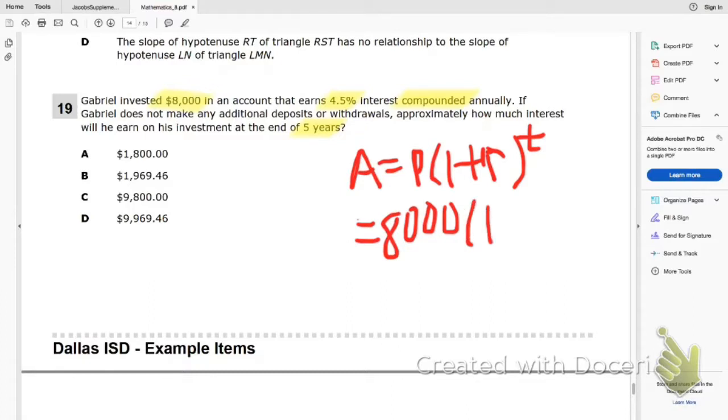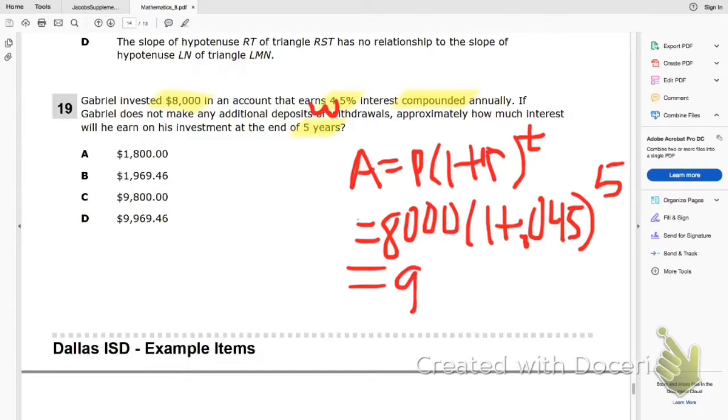The rate is going to be 4.5, but we know to move the decimal over 2 places to the left, so we're going to make it 0.045. And we know that is at the end of 5 years, so 5 years. Once we do all that, we multiply it out. We're going to get 9,969.46. Now, that's not what it's asking us.